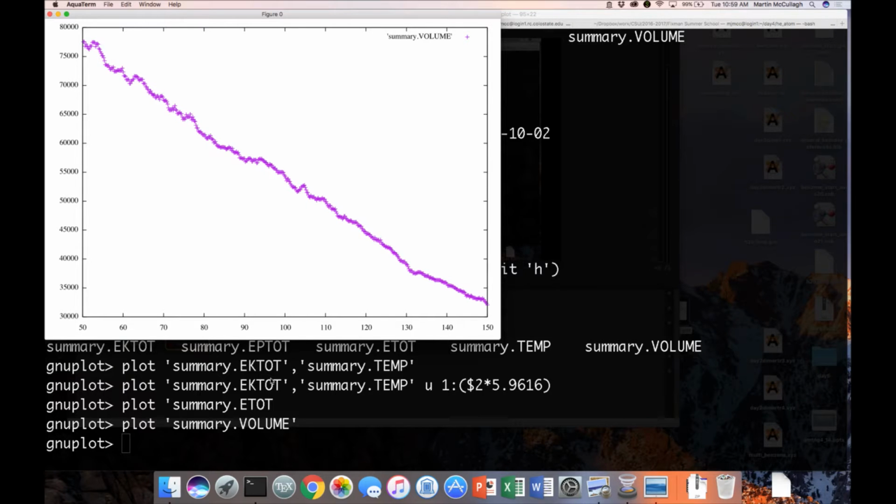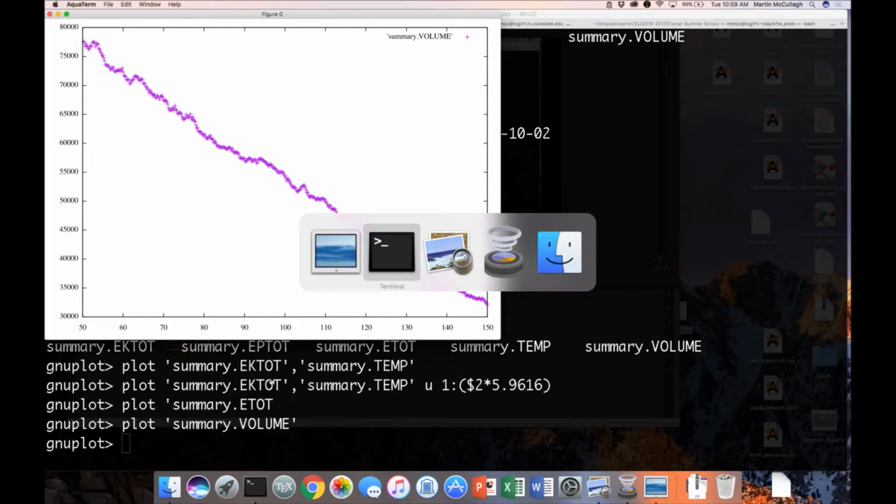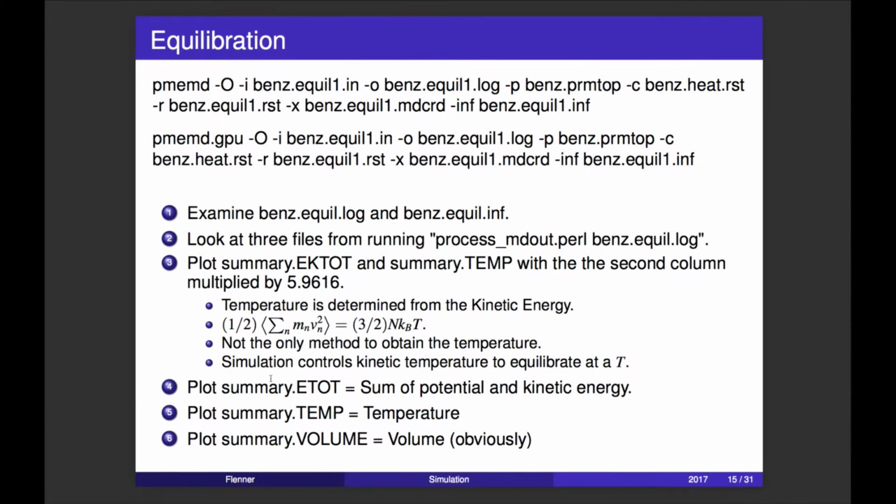So when you equilibrate, you need to look at the total energy or potential energy and the volume and make sure they've reached something that looks like it's not changing anymore.